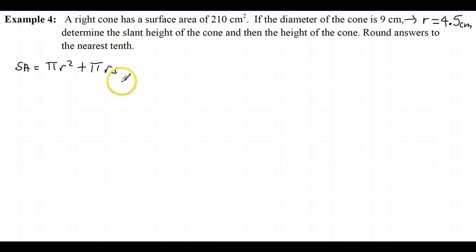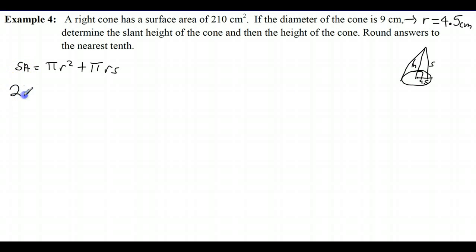I could draw this. We could label it. Let's go draw this. That's 4.5. That's h. This is s. And I think all we know is the 4.5 and the area, right?